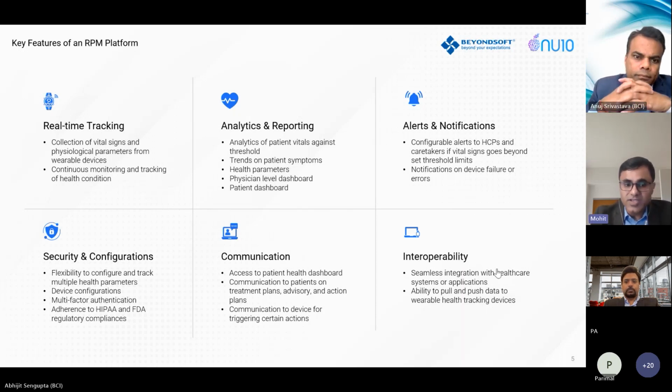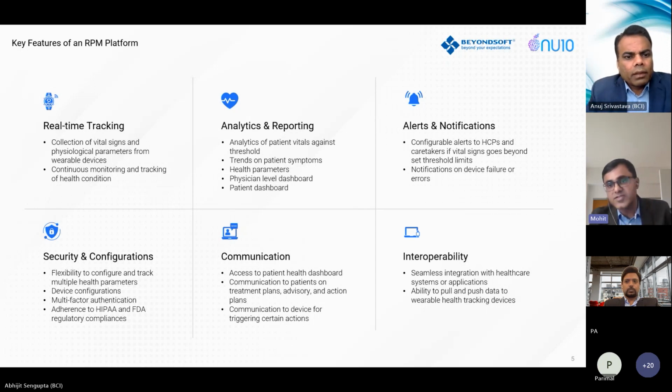Then, of course, security and configurations of how to meet compliances, strict compliances set by FDA. So the platform essentially meets all FDA and HIPAA compliances. The fifth bit that you see is communication. The platform facilitates communication between patients, the healthcare providers, as well as between the healthcare providers and the machines themselves.